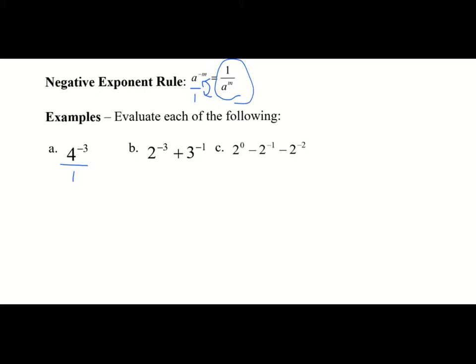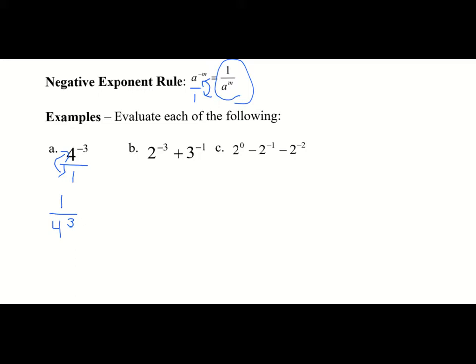So if I put 4 to the negative third power over 1, then what I can do is flip the 4, and that will make that negative 3 positive. So now my answer is going to become 1 over 4 to the third power. And I've made it into a positive exponent.